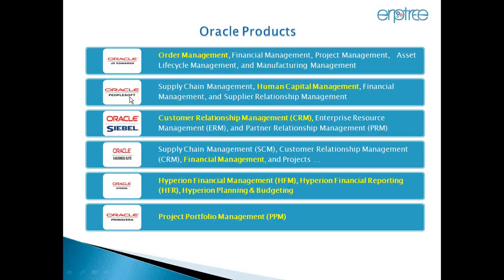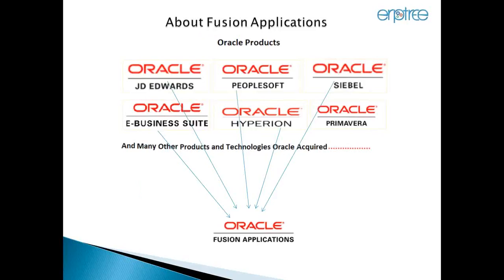From PeopleSoft they took human capital management, from Siebel they took the CRM solution, from Oracle EBS they took financial management, from Hyperion they took the reporting solutions, and from Primavera they took project portfolio management.